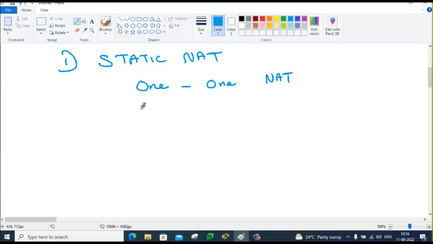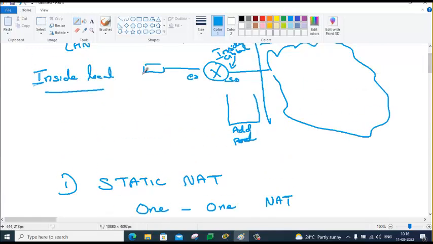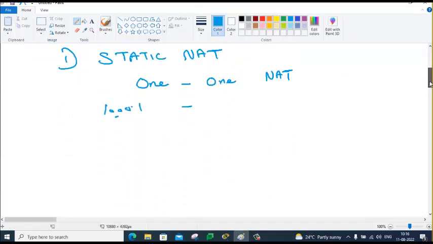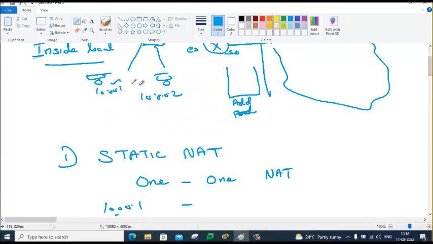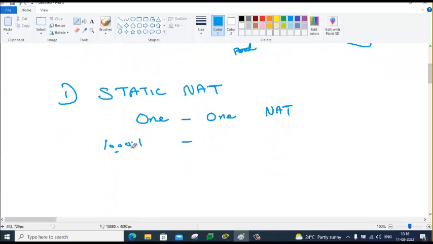What does this mean? You give 10.0.0.1. Let's say this is your LAN IP address of this computer, and there is another computer 10.0.0.2. So we translate these addresses by giving a dedicated address.